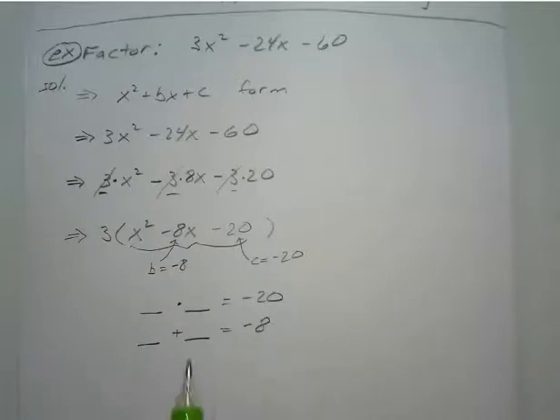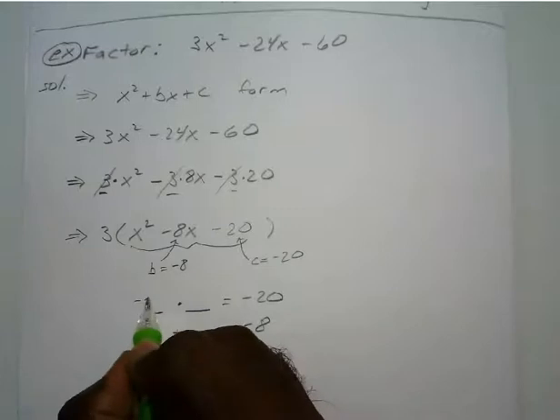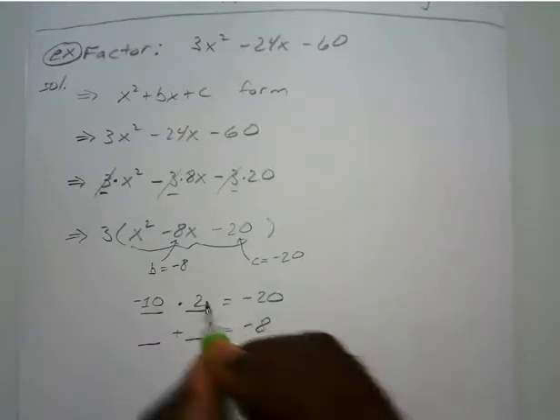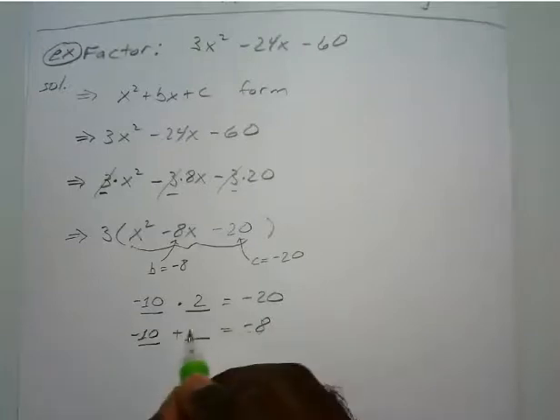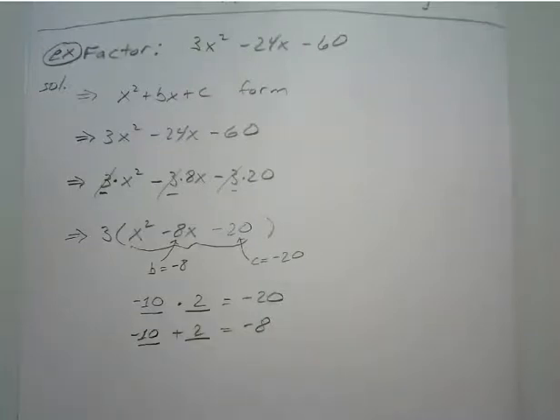If we try negative 10 and positive 2, we get negative 20, and negative 10 and positive 2 added together will also give us our negative 8. So that's what we're going to go with. Negative 10 times 2 is negative 20, and negative 10 plus 2 is negative 8. Okay, so that means we're going to have the answer. Give yourself a little bit of space here, and I'll show you why in a second.